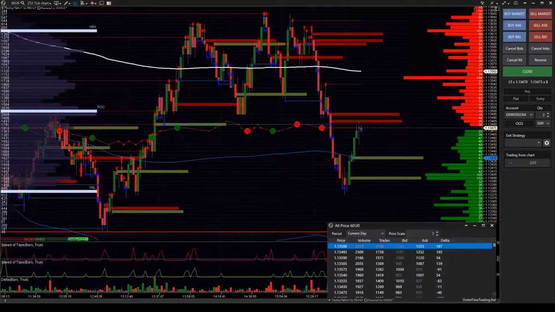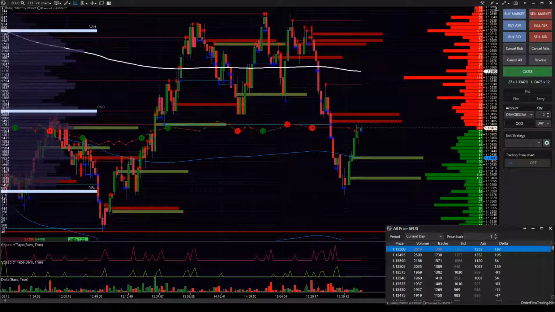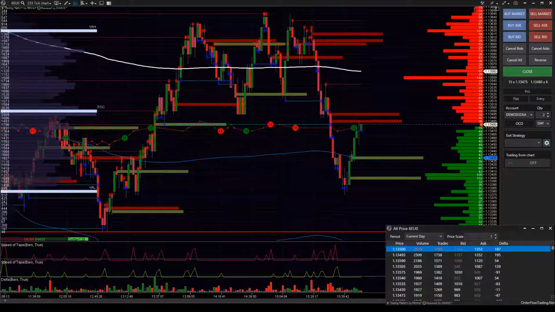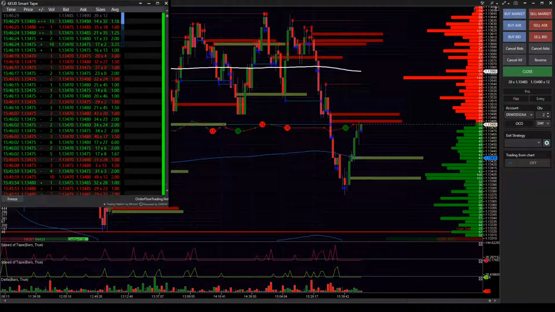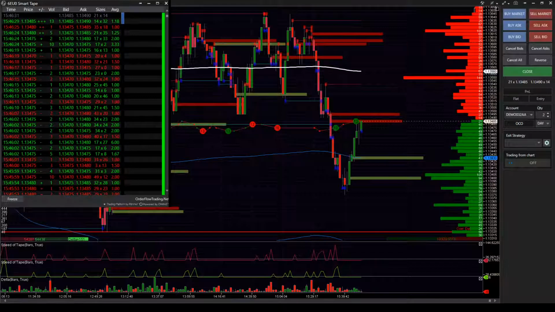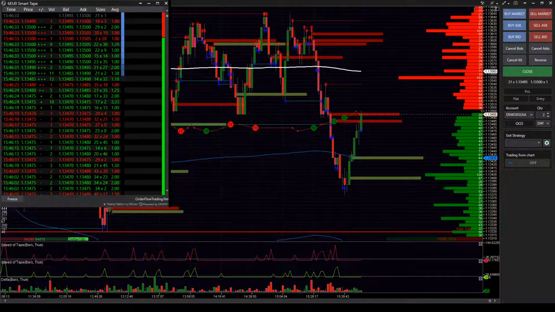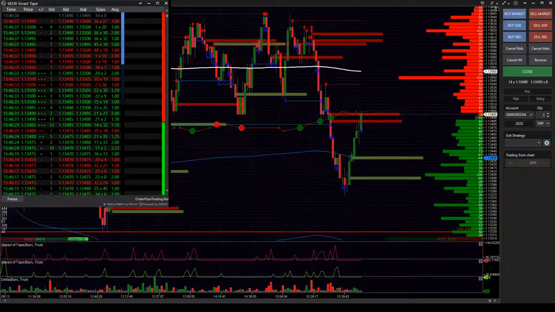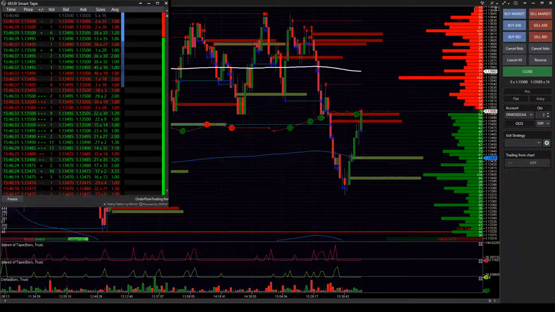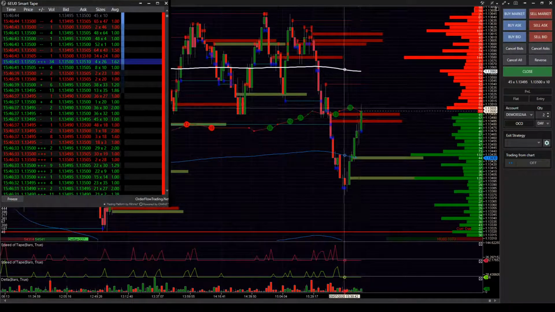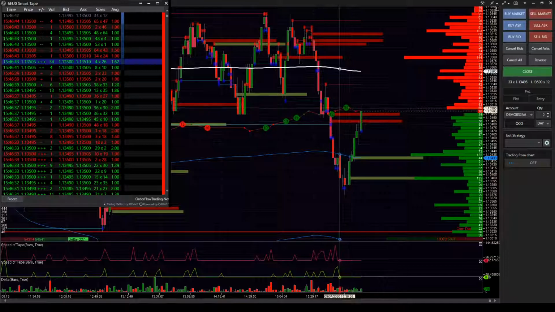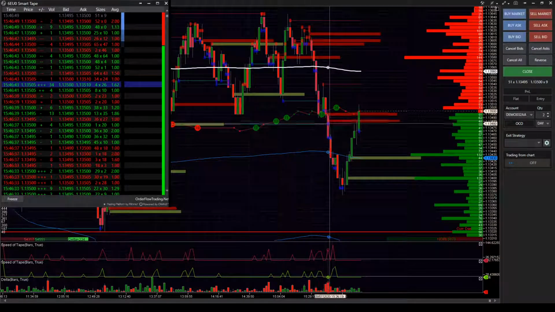So let's take this off the screen, and we can see also on the reconstructed tape right now how green the tape is going, because the buyers are now being aggressive. You can see how it's going above my two red lines here, where there were sellers being aggressive at that moment.